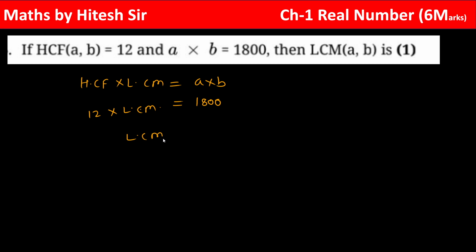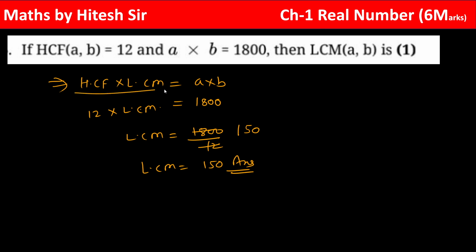So LCM equals 1800 upon 12. 12 ones are 12, 12 fives are 60. So the LCM is 150. That is your answer. It is very simple. By the theorem, HCF times LCM equals the product of the two numbers. So HCF is given, the product is given, and we need to find the LCM. So LCM equals 150.